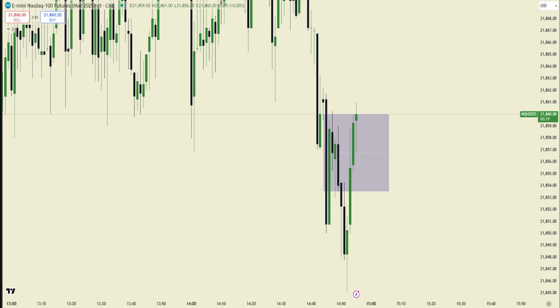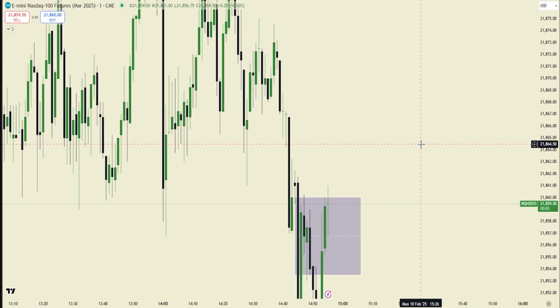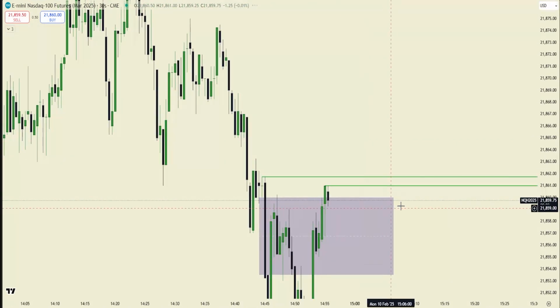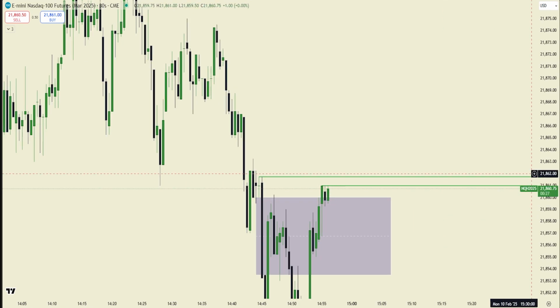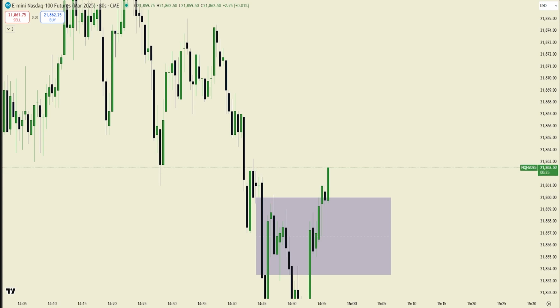See if we can just head higher here. See if the macro can finally decide what we want to do with this PM session. So yeah, it looks like the 30-second there might have been the key.